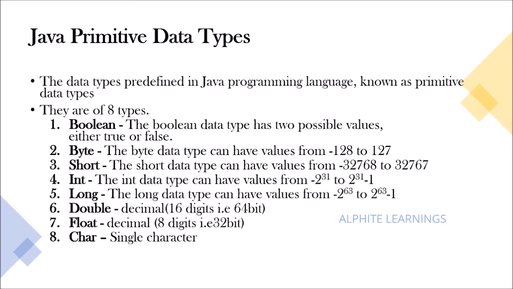If you have given any variable the data type byte, then that variable can store only values from minus 128 to plus 127.